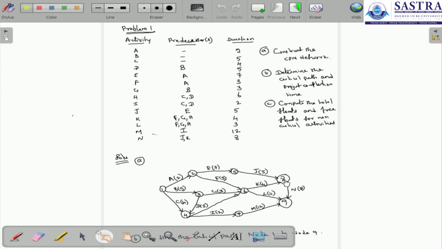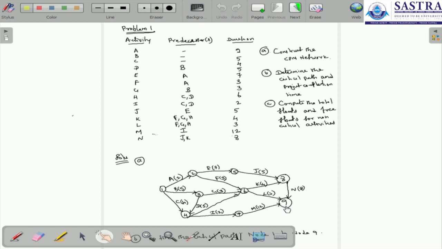So from the 6th node, we have to draw activity K to the 8th node, with duration 4. Now activity L also has predecessors F, G, H, again from the 6th node. So we write the Lth activity with duration 3, that is 6 to 9.